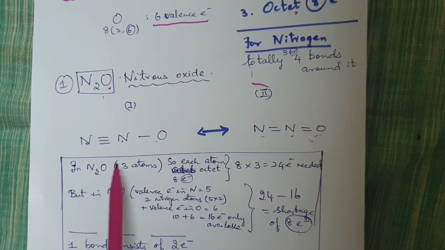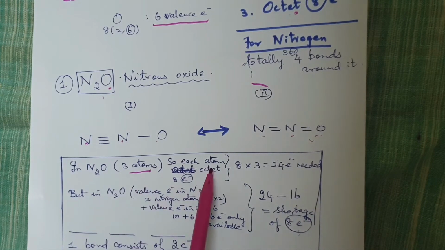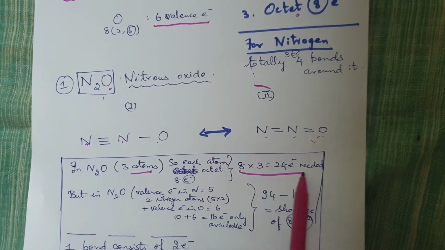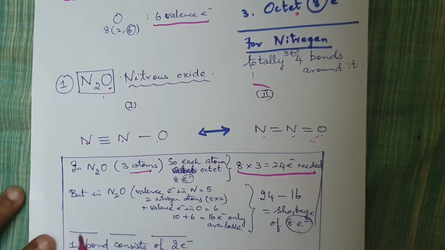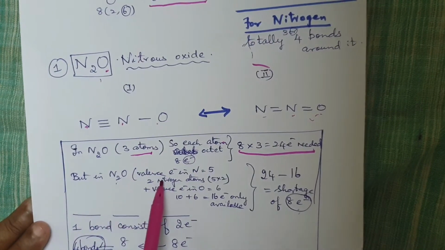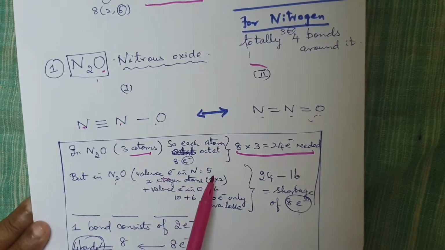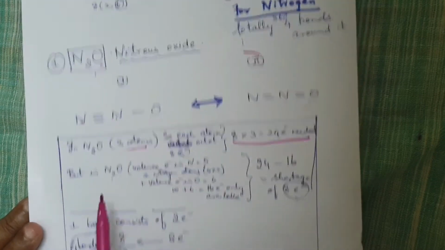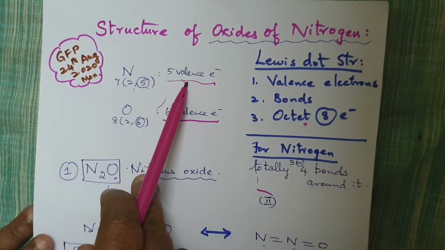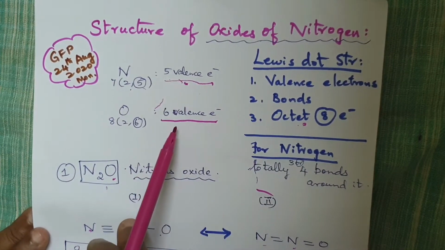Now, next you will have to count the total number of atoms present in the compound. 3 atoms are there, so each atom should have 8 electrons. So 8 into 3, 24 electrons are needed. But in N2O, the valence electrons in nitrogen is only 5 and the valence electrons in oxygen is 6.